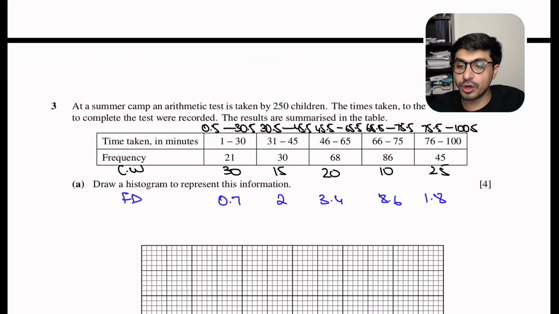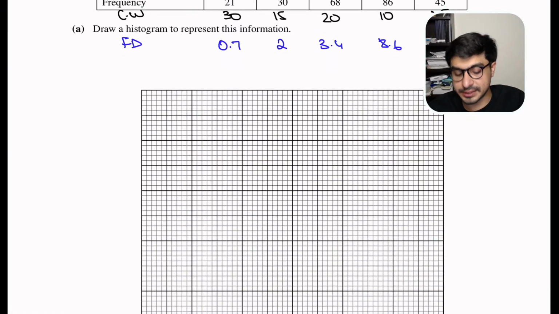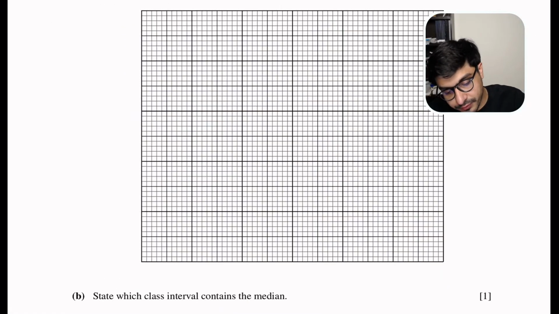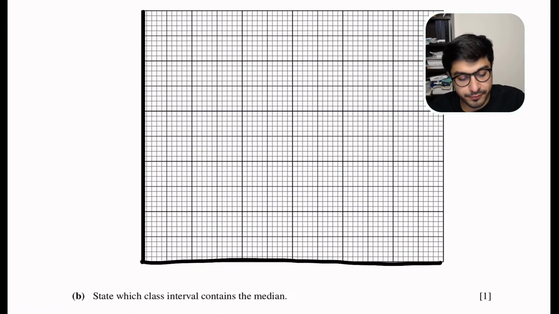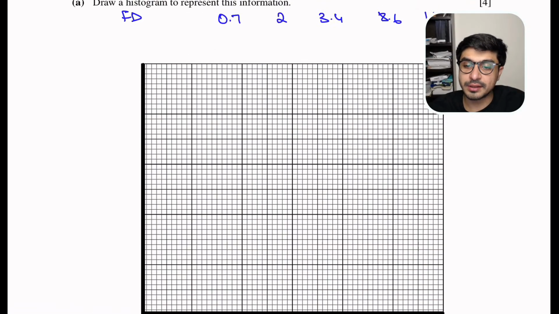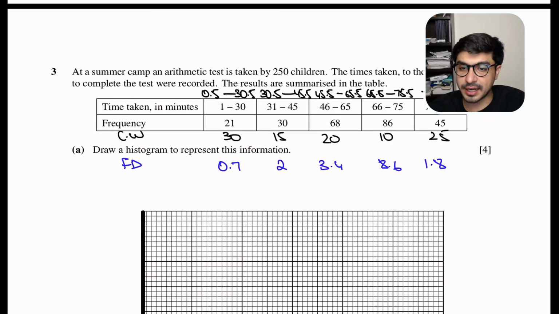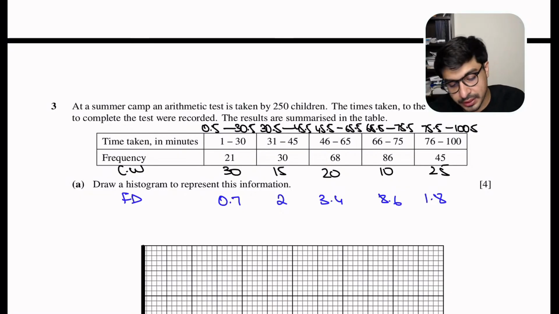Now we have to draw the frequency density histogram. For that we need to mark the x's first of all. These x's are the class intervals of these sorts, right? So we need to draw the histogram using this.